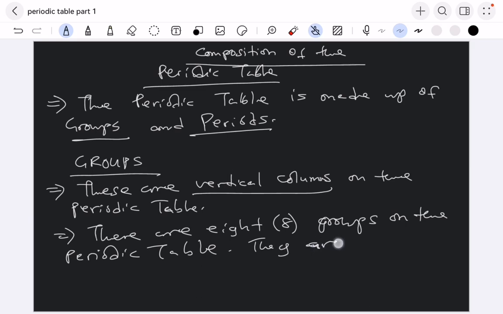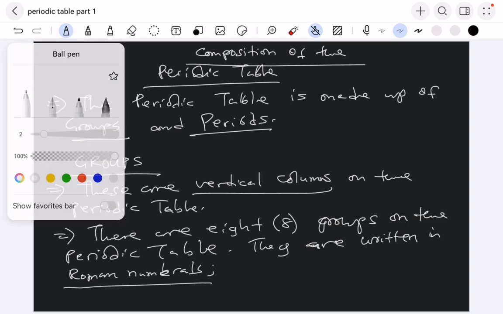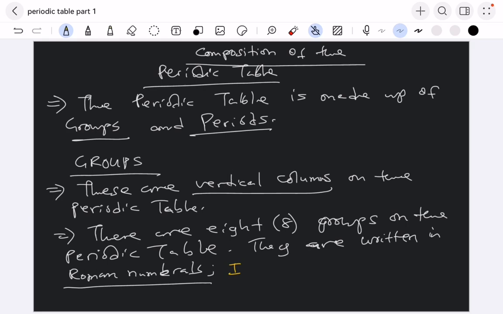They are written in Roman numerals. So you find these groups are represented like this: group 1, group 2, group 3, group 4, group 5, group 6, group 7, and group 8, which is usually represented as group O. So they are presented in Roman numerals.